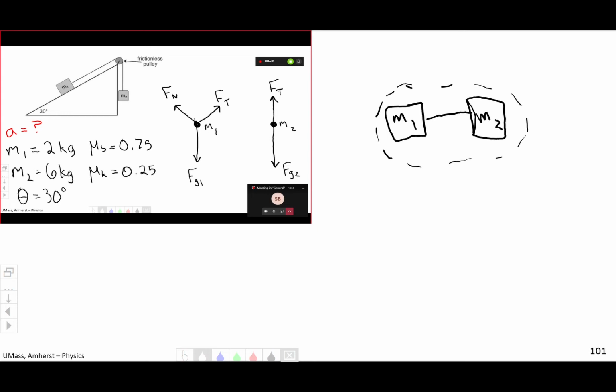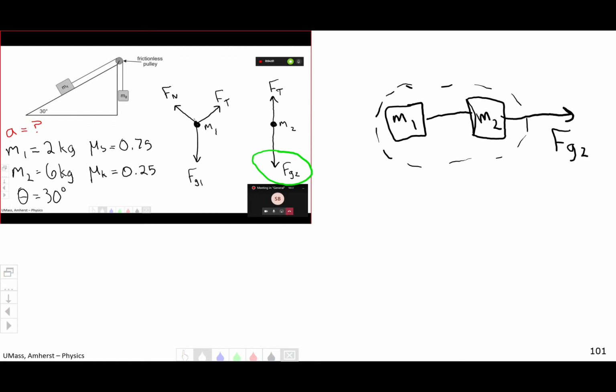What we're going to need is to put all of the forces that are acting along the direction of motion onto this diagram. Quite obviously, Fg2 is going to be the first one we put on here. We know that Fg2 wants to pull the system along its direction of motion.